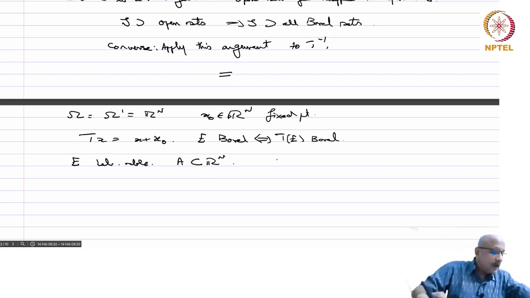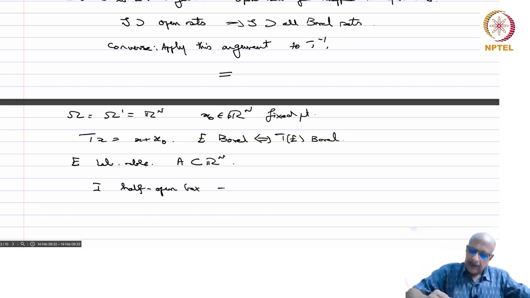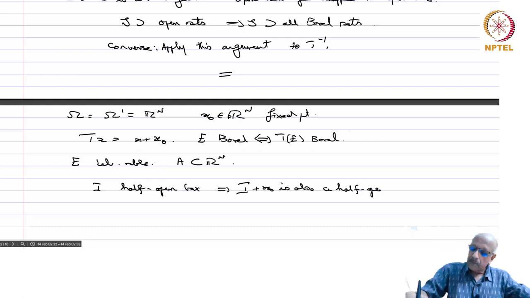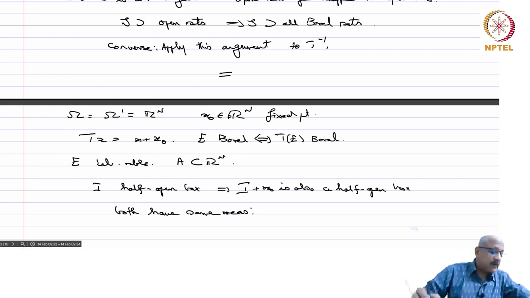Now before that, if I is a half open box, then I plus x naught is also a half open box, and both have the same measure, because the volume of the box does not change by translation.